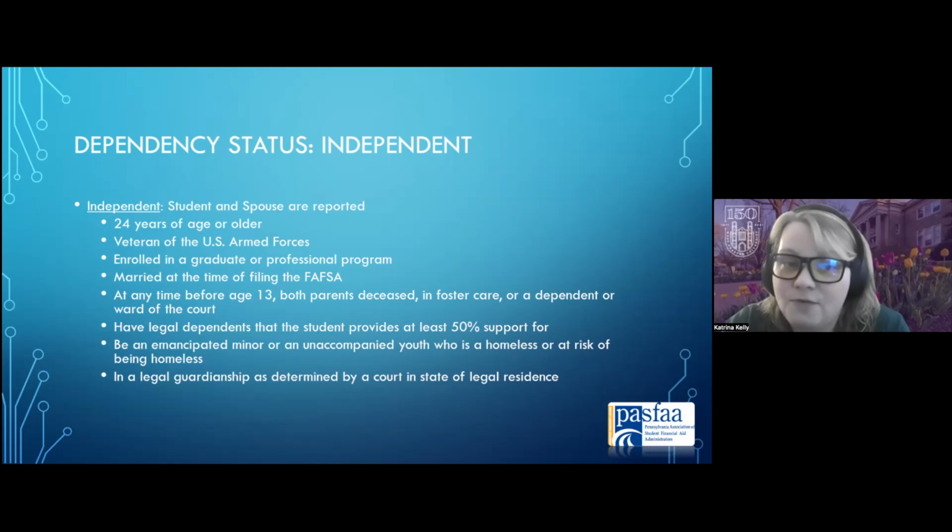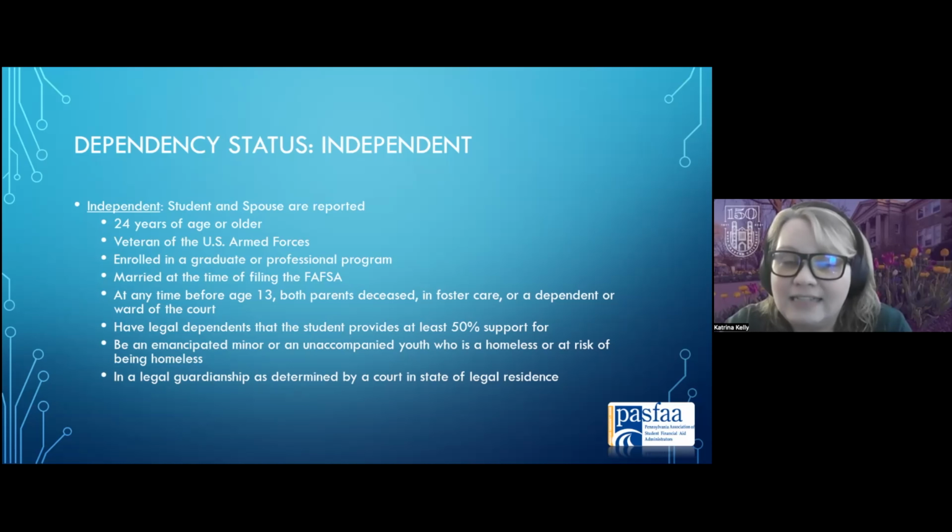At any time before the age of 13, both parents were deceased, or the student was in foster care or a dependent ward of the court. If the student has legal dependents that they provide at least 50% financial support for. And that part's important. Just having legal dependents does not qualify the student to be an independent.